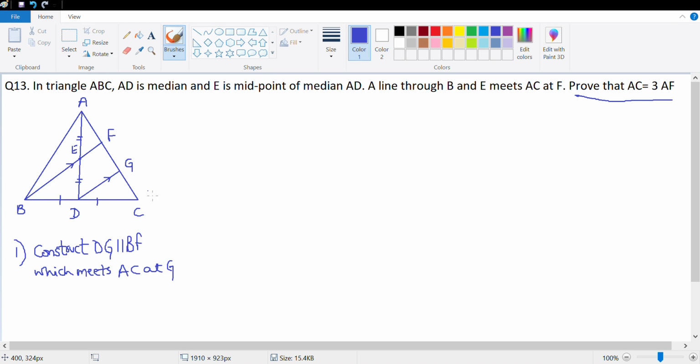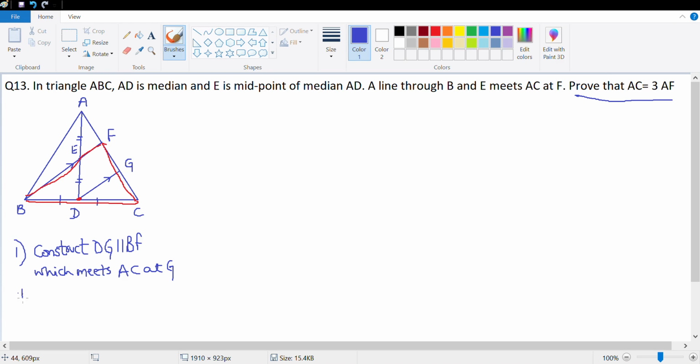Let's see if I can find any midpoints now and I can see parallel lines. Yes, I notice that in triangle BCF, D is midpoint and this line is parallel to the third side. Perfect. So I've got one midpoint theorem used here. So let's start writing.